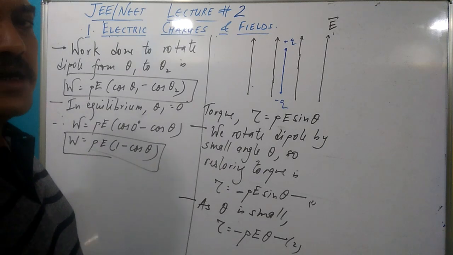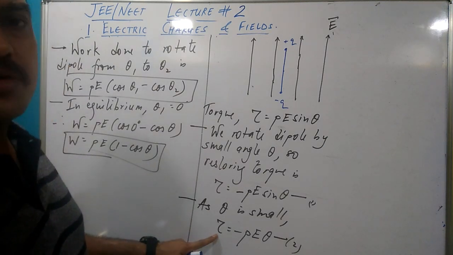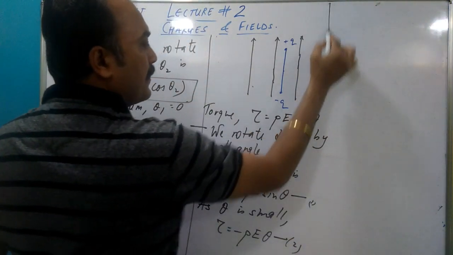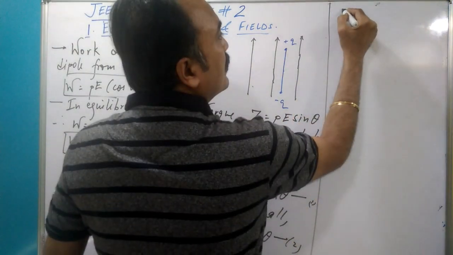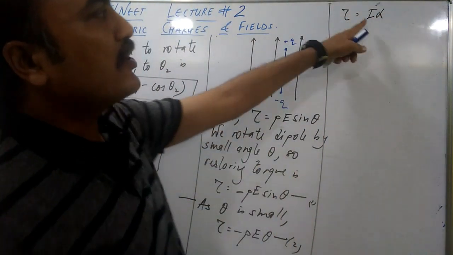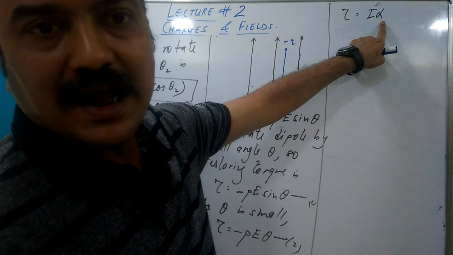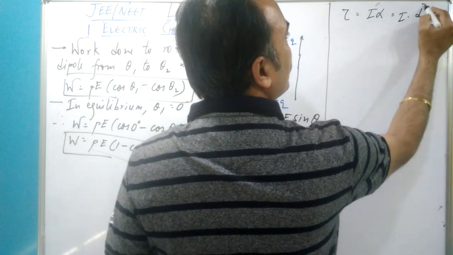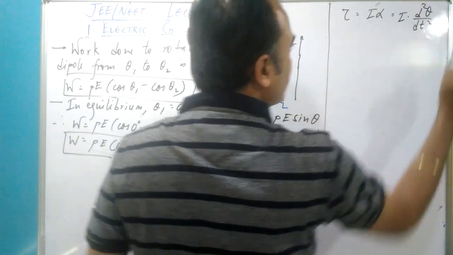In your earlier standards, you have learned that tau is I alpha, where I is the moment of inertia and alpha is the angular acceleration. So I could write it as I d square theta by dt square.